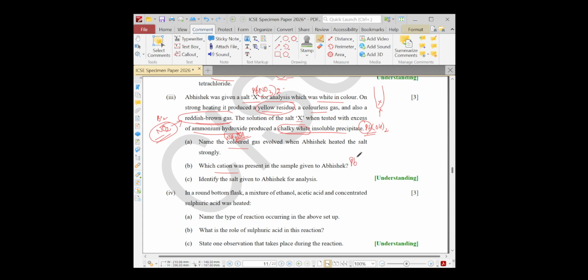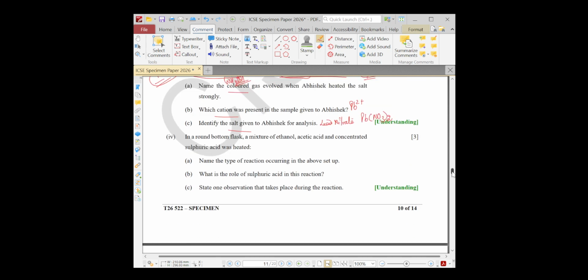The cation present is lead 2 plus. Identify the salt. So the salt is lead nitrate, Pb(NO3)2. Is this clear? Right? The basic difference is it said yellow residue. Now yellow residue is of a nitrate containing lead. If it would have changed to white, that would have been zinc. Okay, so this is clear.